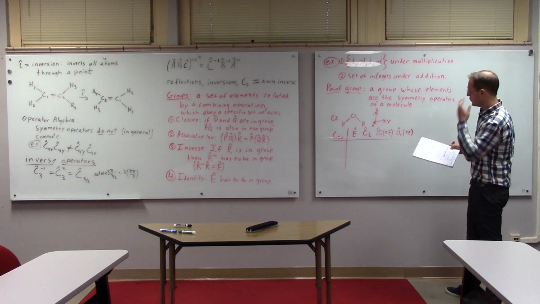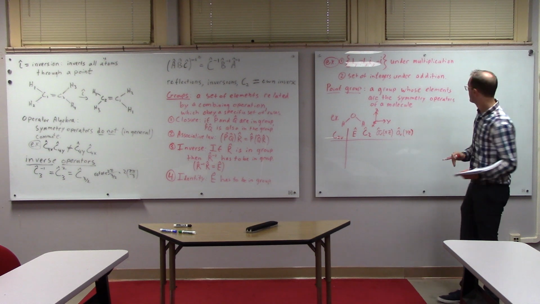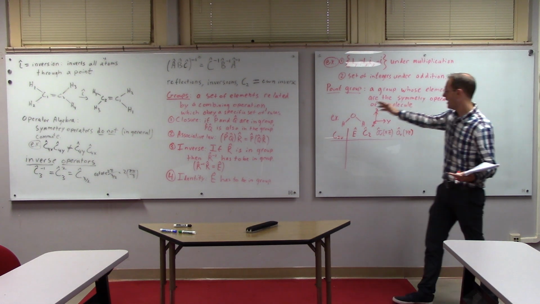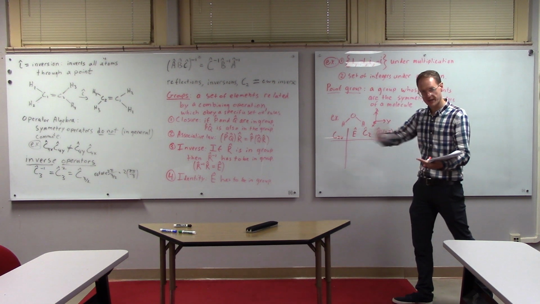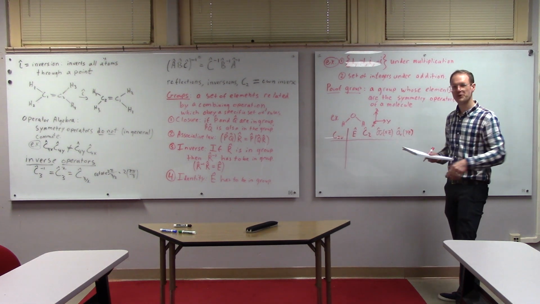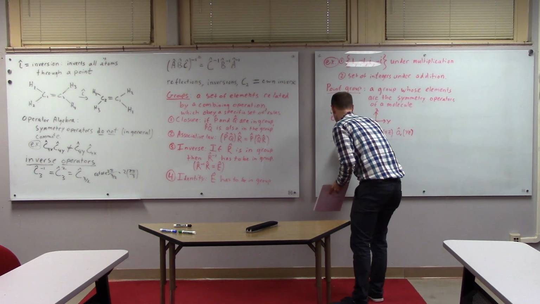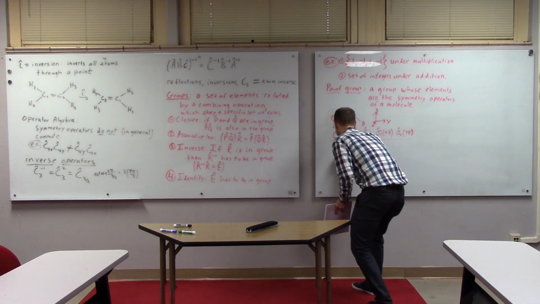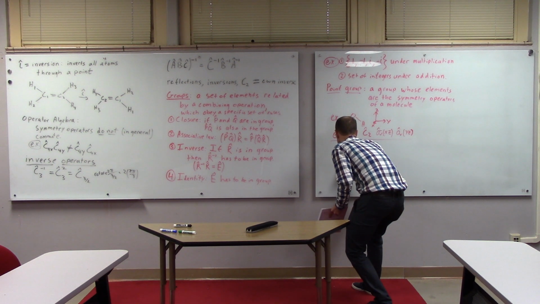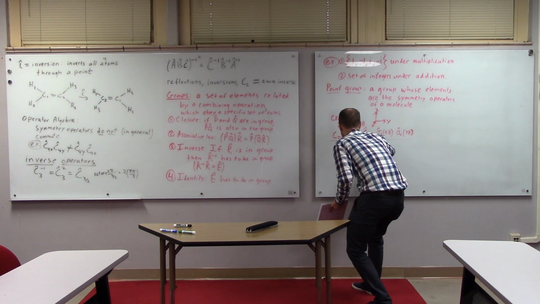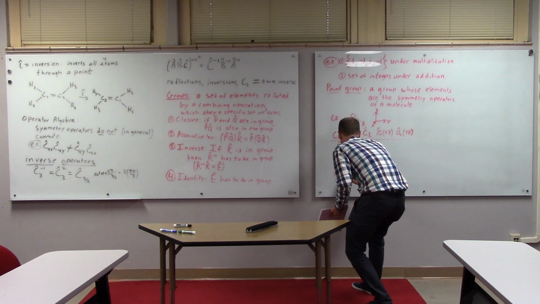Okay, and you can verify that indeed this set of operations is a group under the combining operation of applying the operators consecutively by looking at the multiplication table of the group. So if you take all the elements of the group and multiply them by all the elements of the group, right? So E, C2, sigma V XZ, and sigma V YZ.